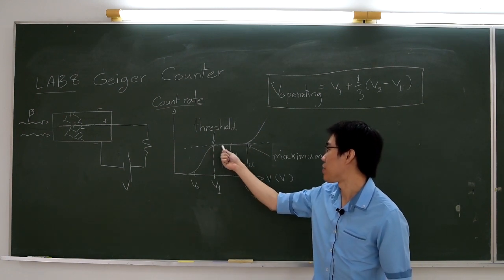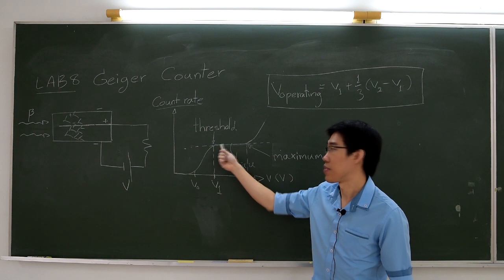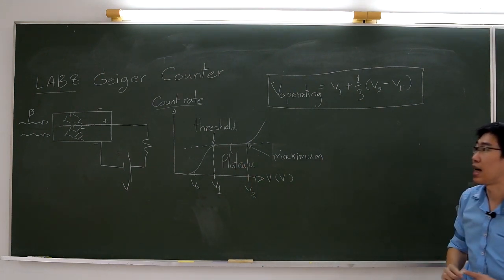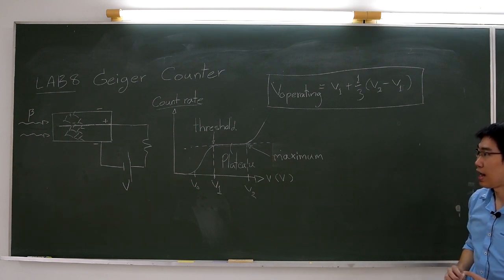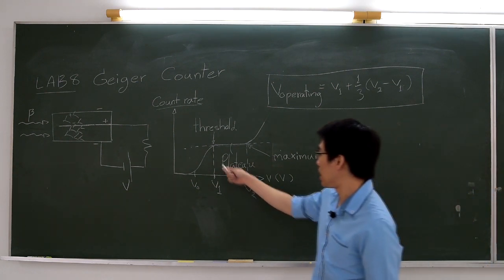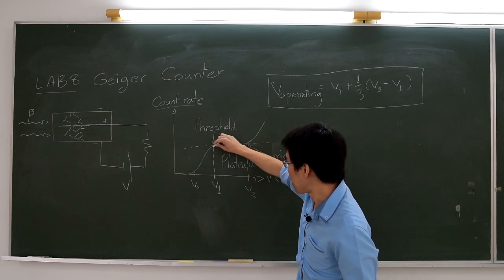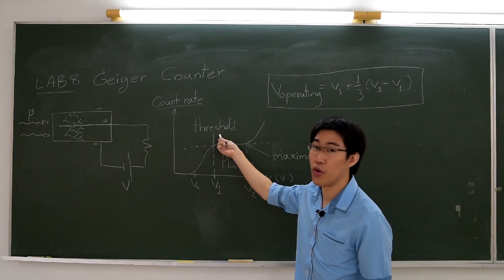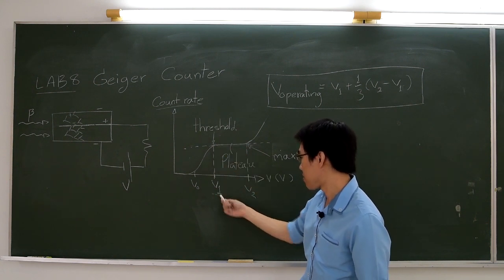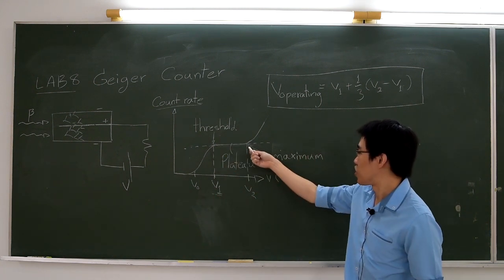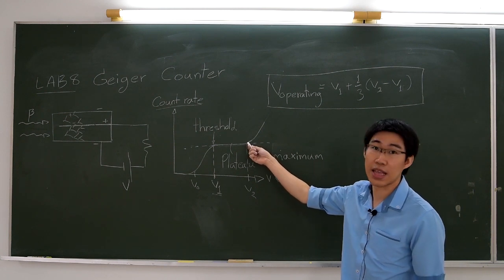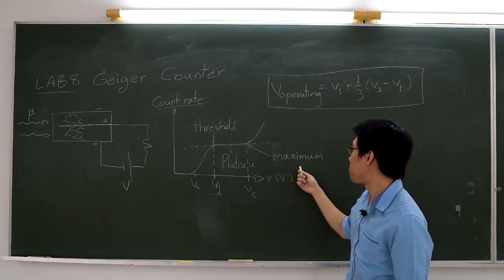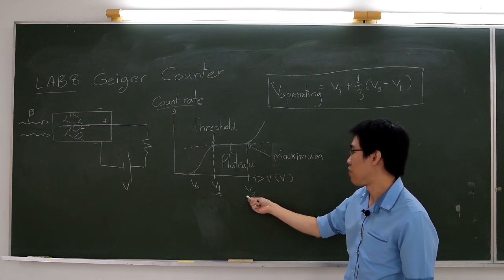To operate the Geiger counter tube, we will use an applied voltage in the plateau region. In order to find the optimal operating voltage, we will determine the threshold voltage, or V1, which is the point where the plateau region begins. Another point is the maximum voltage, or V2, which is the point where the plateau region ends.